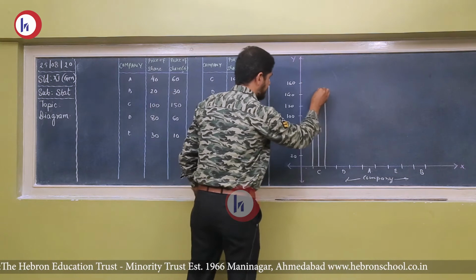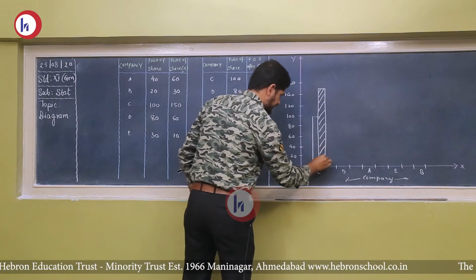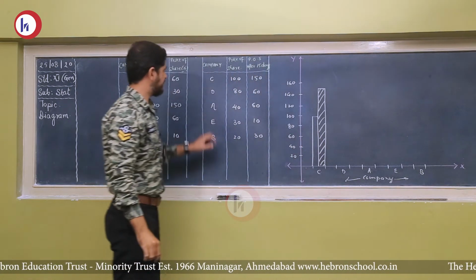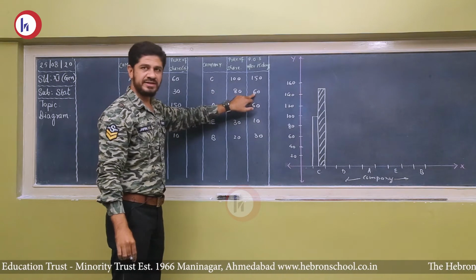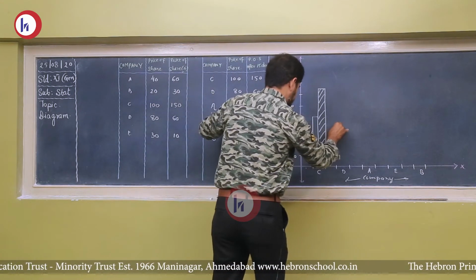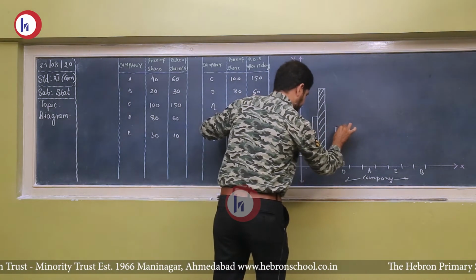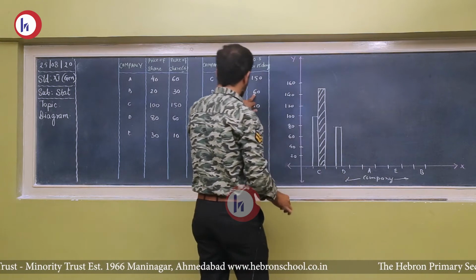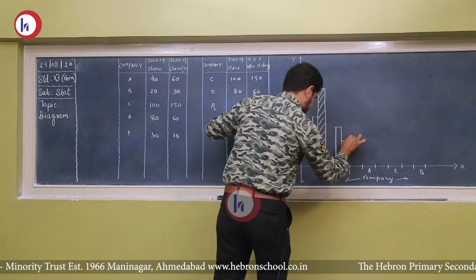Let's represent both in the different forms. Now the second one, company D: the price of the share is 80 in the first half, and after 15 days it would be 60.